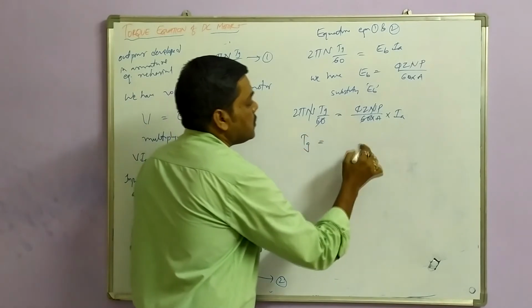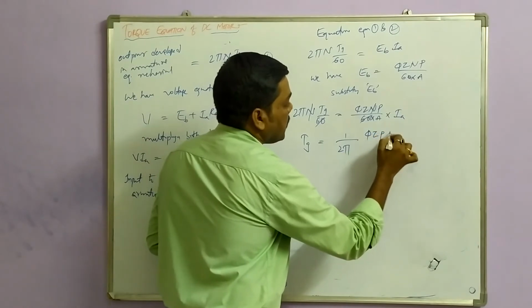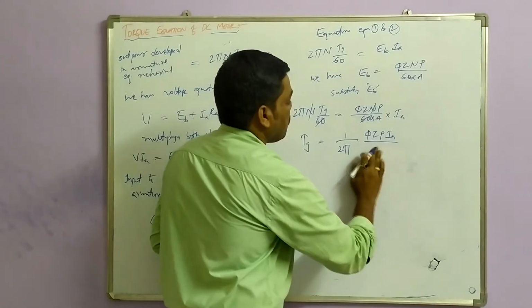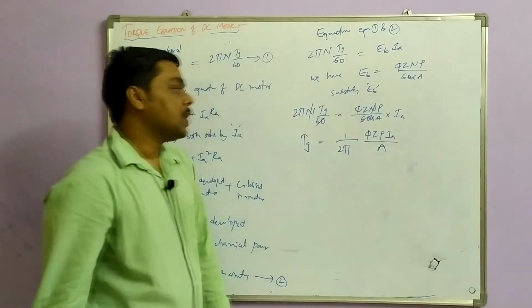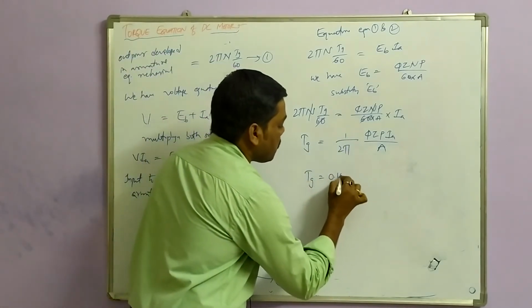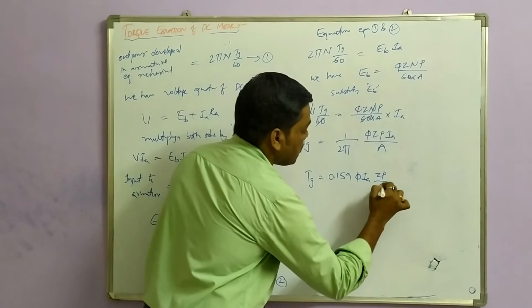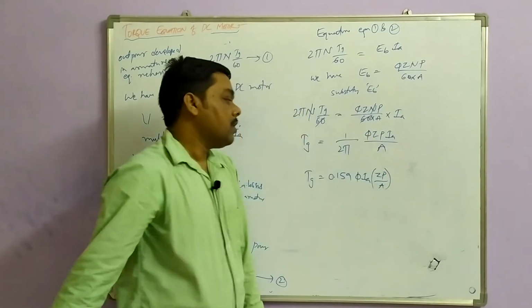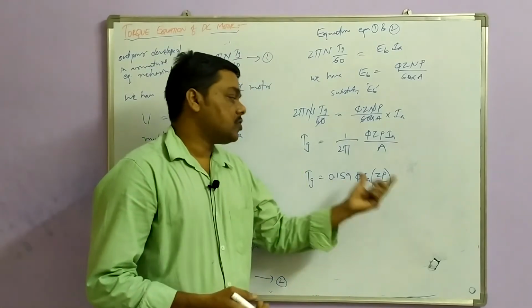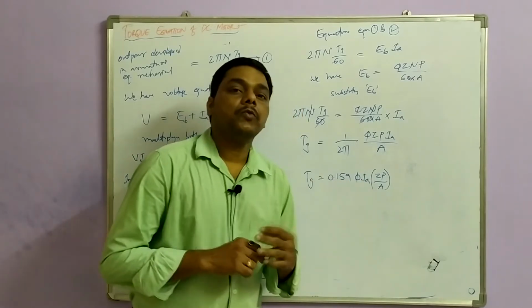So Tg equals 1 by 2 pi into phi Z P into Ia by A. Here 1 by 2 pi is 0.159, so Tg equals 0.159 into phi into Ia into Z P by A.